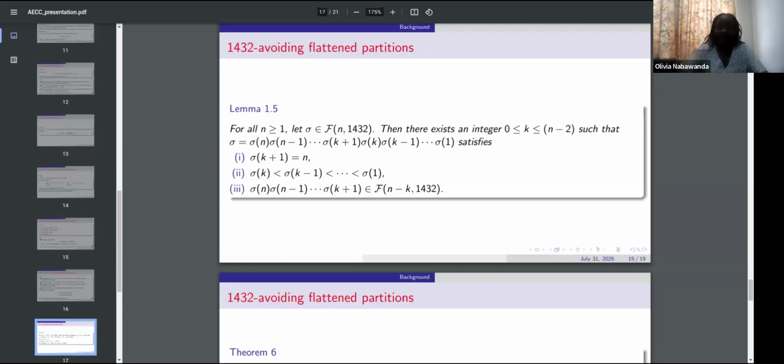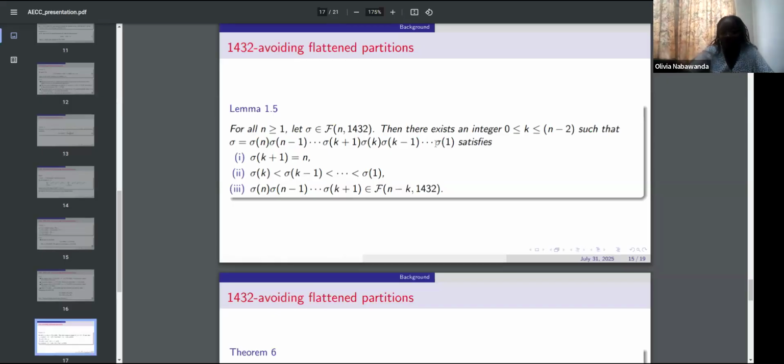So we realize that if you have an element, which I'm calling sigma, to be a 1432 avoiding flattened partition, then there exists an integer k greater or equal to 0 and less than or equal to n minus 2, such that the permutation of flattened partition sigma has this form. So for convenience, we decided to label from the right to the left.